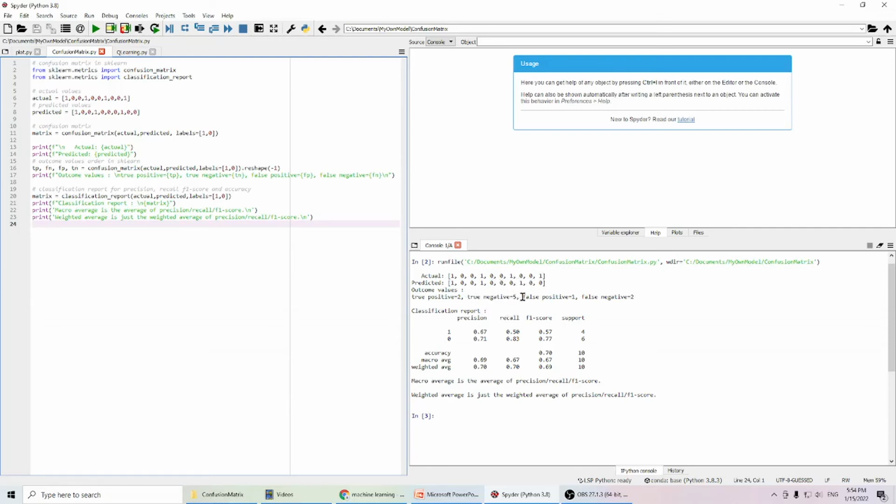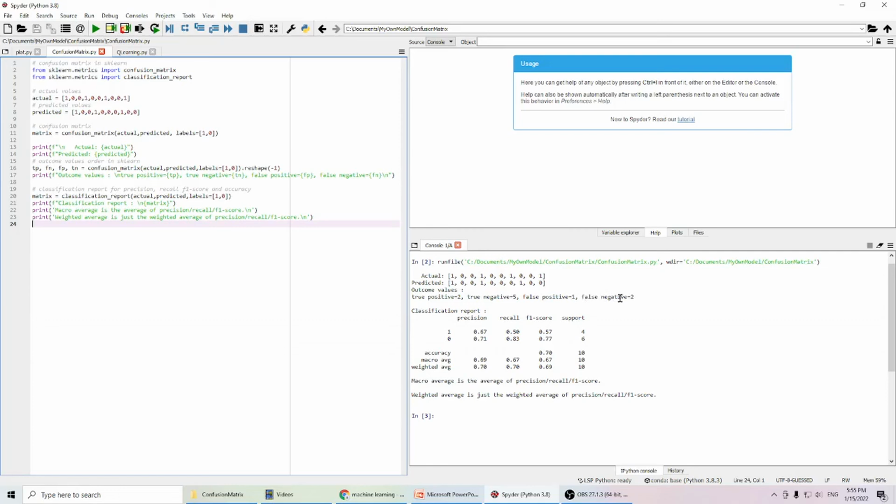And similarly, you can check the false positive. False positive means our prediction is positive, but in reality, it is negative. So our prediction here, we are saying this is positive, but actual value is negative. That's why false positive is 1.